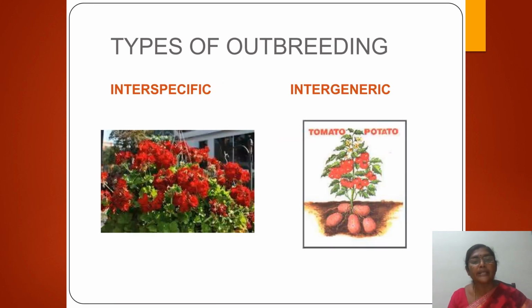So these are some examples for types of outbreeding. This is an interspecific cross, this is an intergeneric cross. That is tomato and potato between two genera. And between two species within the genus, Solanum tuberosum and Solanum lycopersicum.